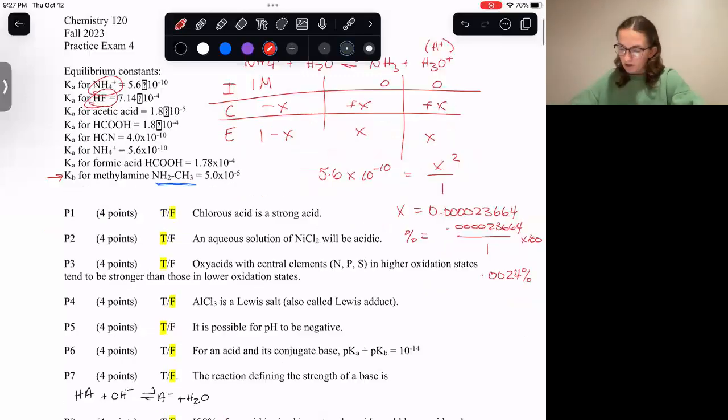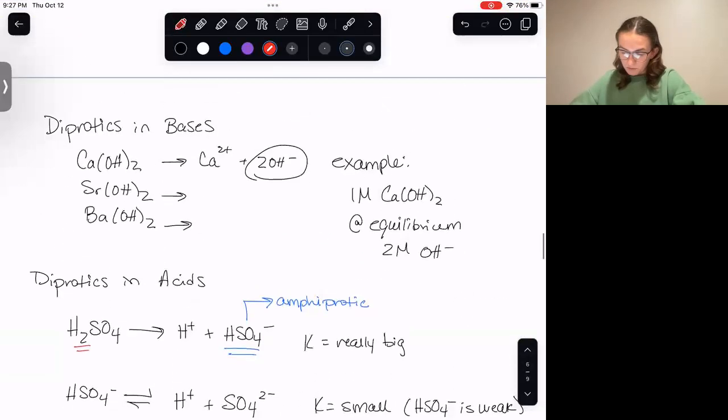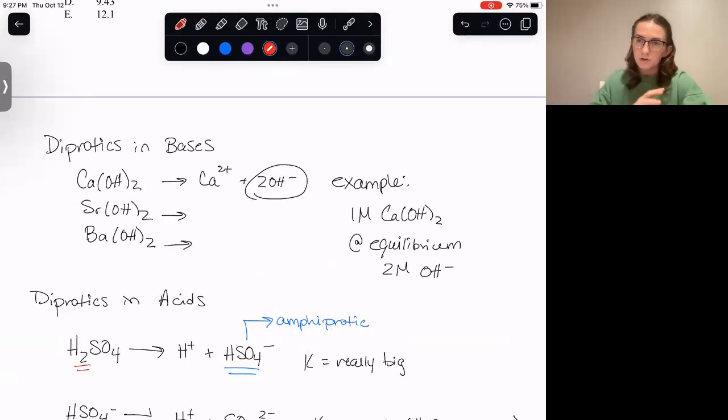And that's why, at the very beginning, your calcium hydroxide concentration might start off as 1 molar, but your hydroxide concentration is 2 molar, because all of that initial concentration of your calcium hydroxide turns into ions. And we have a 1 to 2 molar ratio between the calcium and the hydroxide, therefore doubling the concentration of your hydroxide ions in solution.